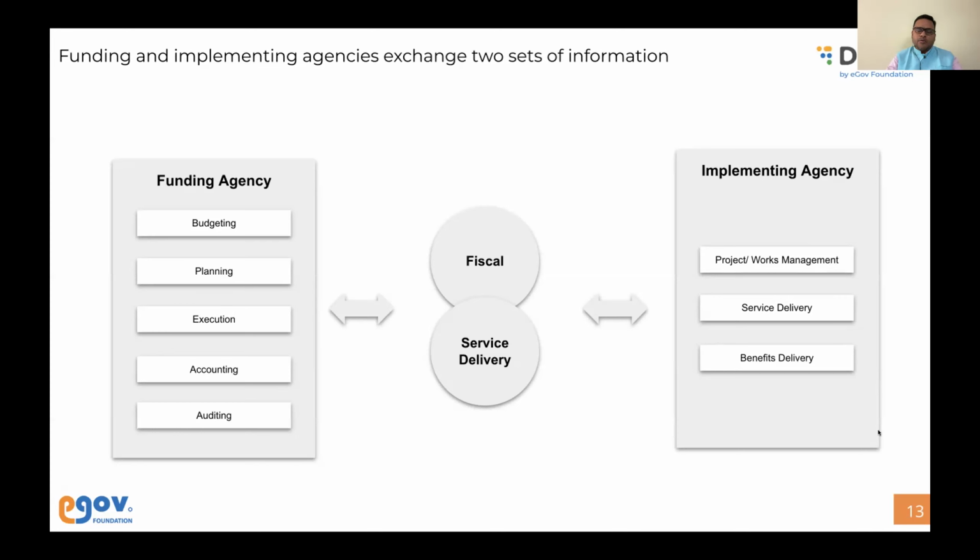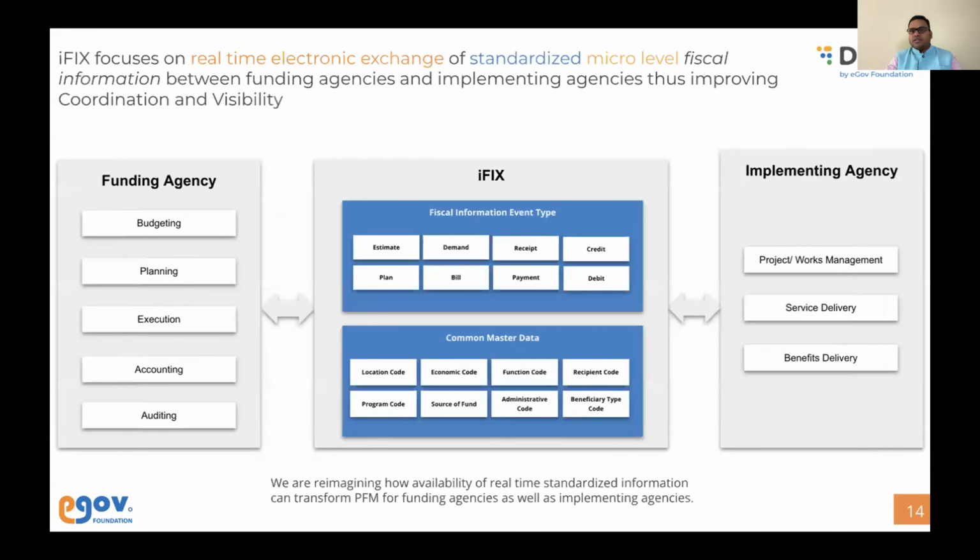Of course, there are more, but the majority is covered by this. And on the funding agency side, they're looking at the PFM cycle of sorts to say that I would like fiscal information coming in from the implementing agency, as well as the information on service delivery. So in essence, what have we spent and what has it bought on the ground? So these are the two sets of information that a funding and an implementing agency usually exchange.